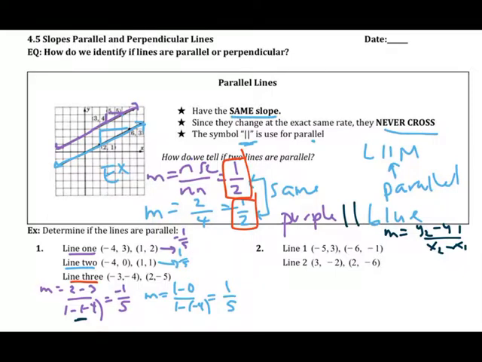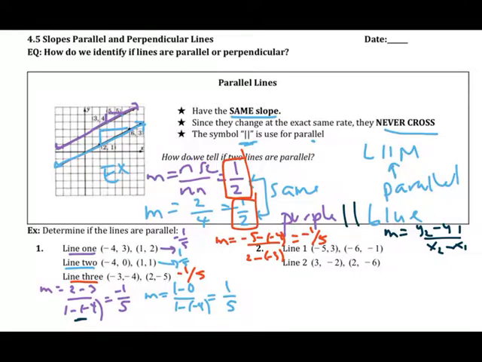For the red line, I'm going to try and squeeze this in over here. -5 minus -4 over 2 minus -3. So in the numerator, lots of double negatives happening here. -5 plus 4 is -1. 2 minus -3 is 5. So -1/5.